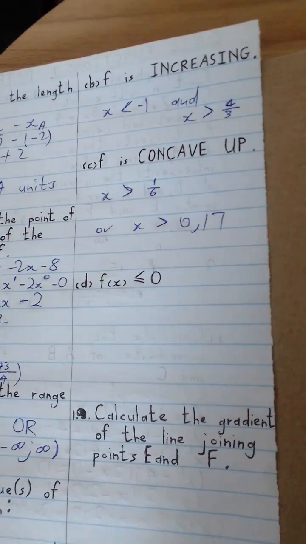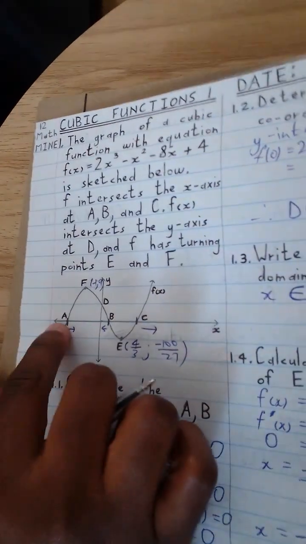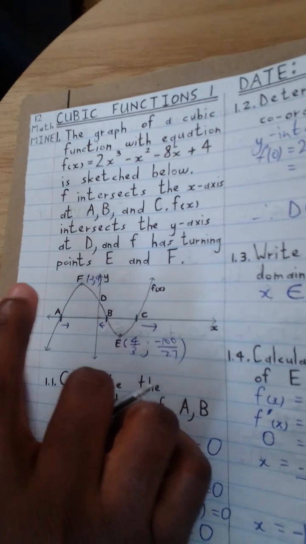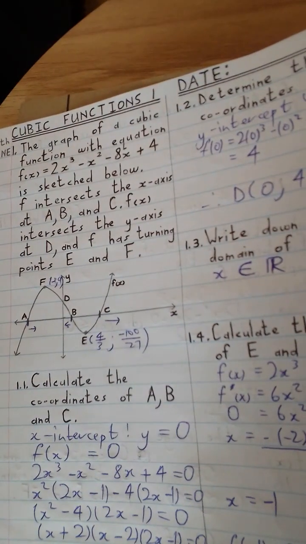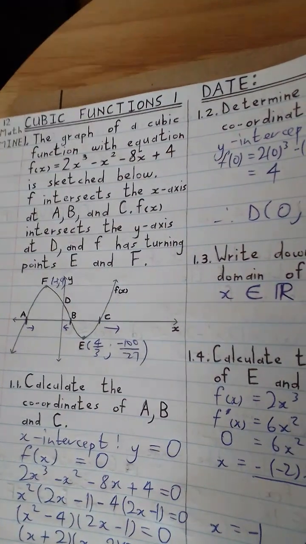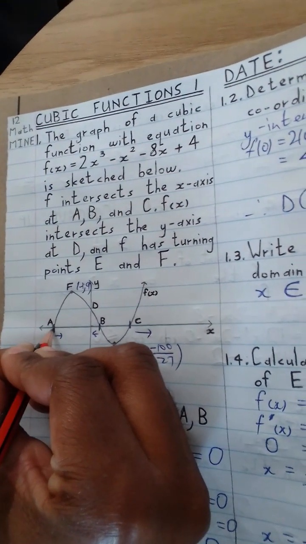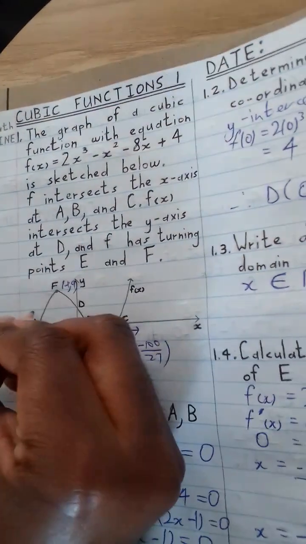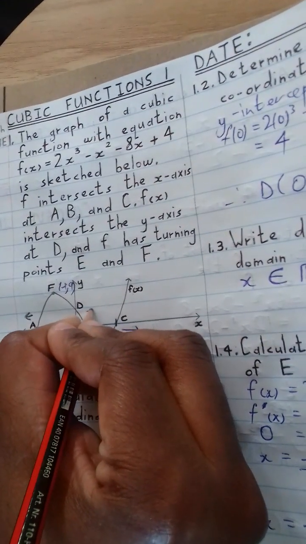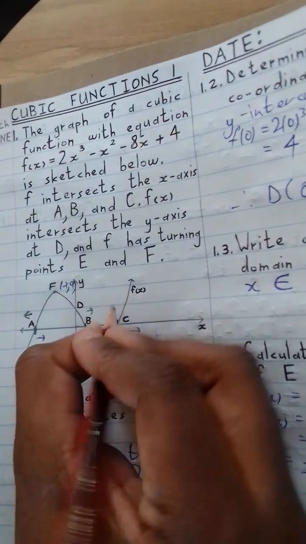Number D states f of x is less than or equal to 0. So below or on top of the x-axis. This time it's the reverse, right? As we can see, before A it's below, so it's going this way, and then after B it's below, before C it's below.